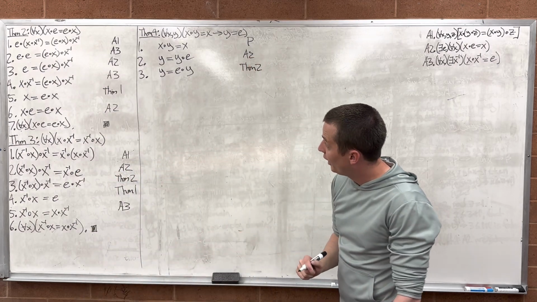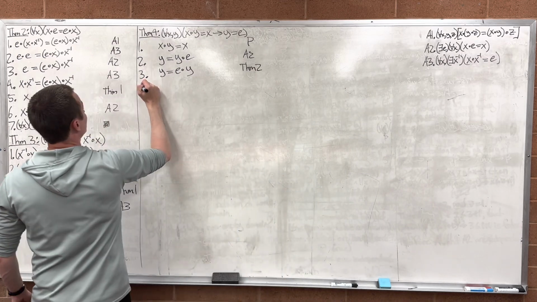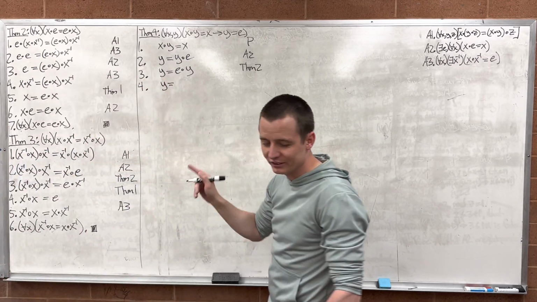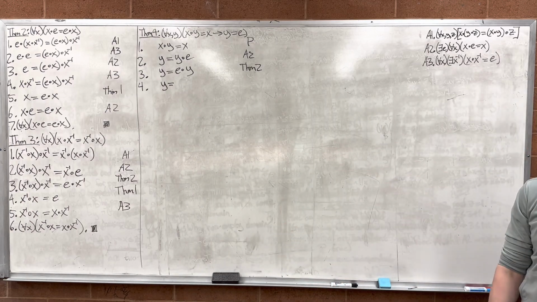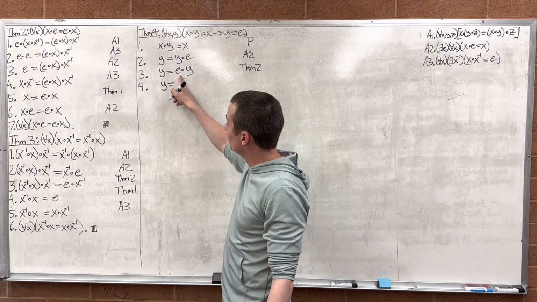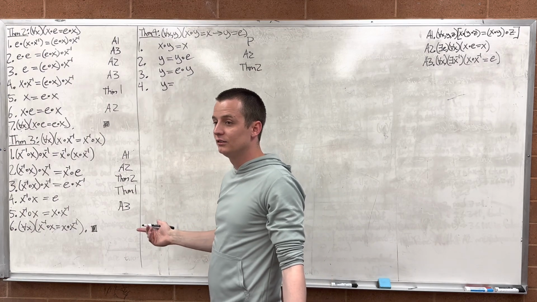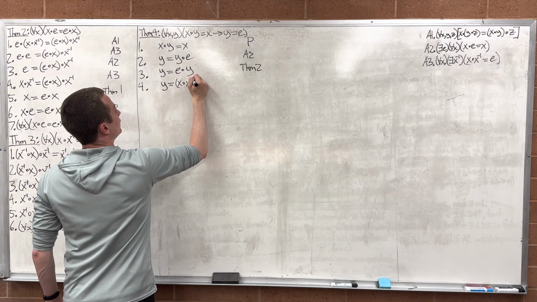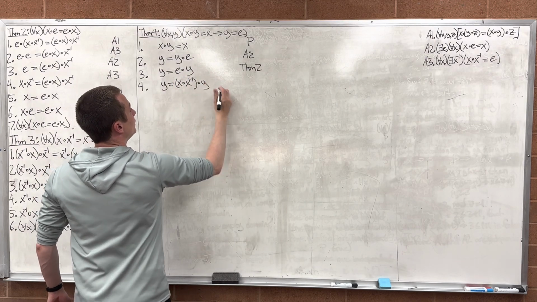Okay, now what do I know identity is equal to? Sorry, I may keep calling that e identity because it's our identity element. E is equal to x compose x inverse. So this is the same thing as x compose x inverse compose y.